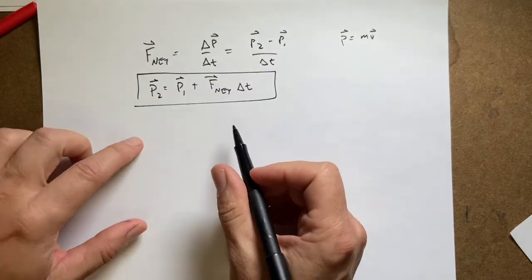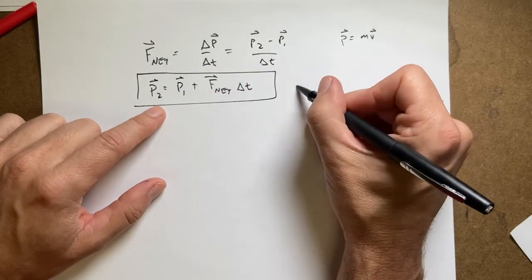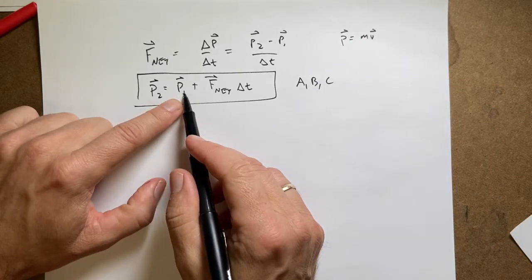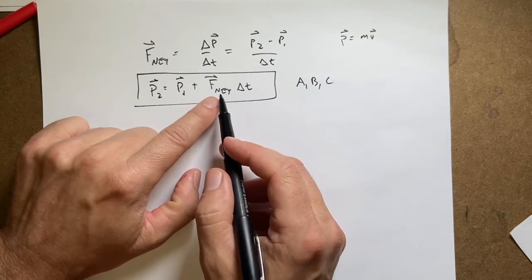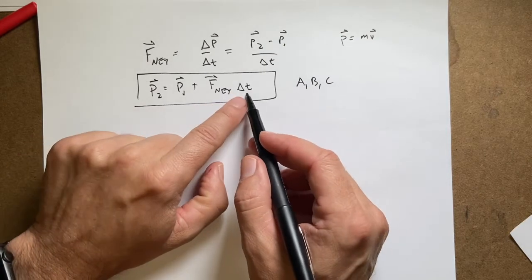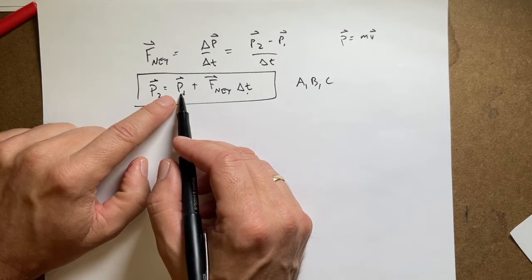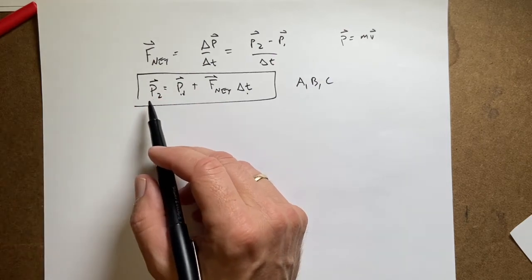So this says that for any object, A, B, or C, if I know the momentum at the beginning of the time interval, I calculate the net force on it, I multiply it by the time interval, I add it to its initial momentum, and I find its momentum at the end of the time interval.